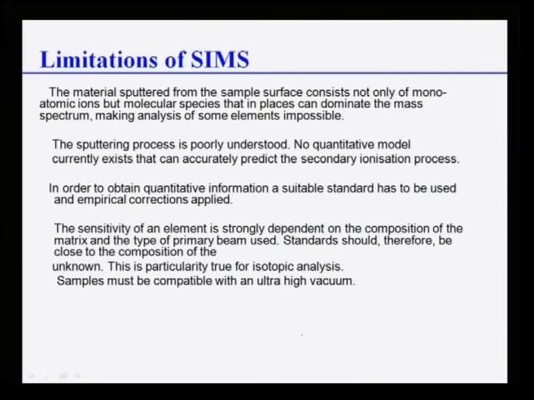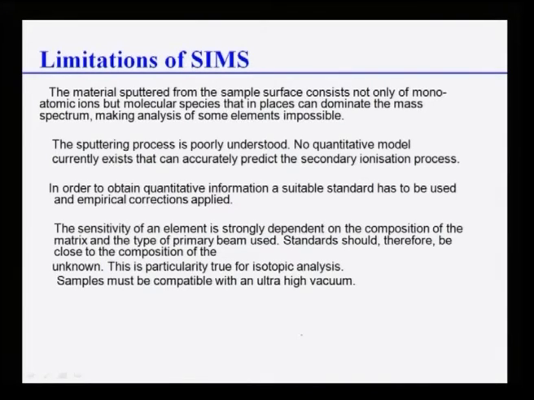The major limitation of this technique is that the material which is part of a sample surface not only consists of monoatomic ions, but also consists of molecular species that in places can dominate the mass spectrum, making the analysis of this element impossible.